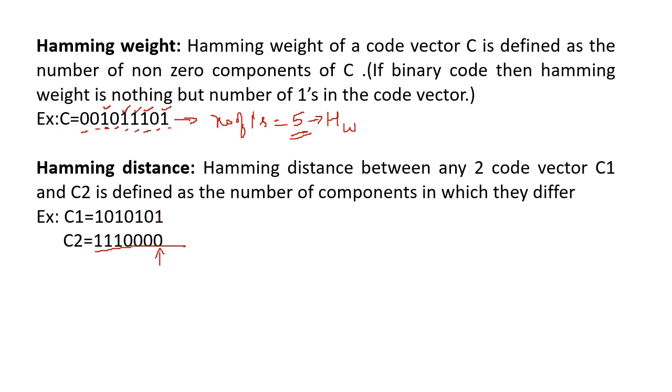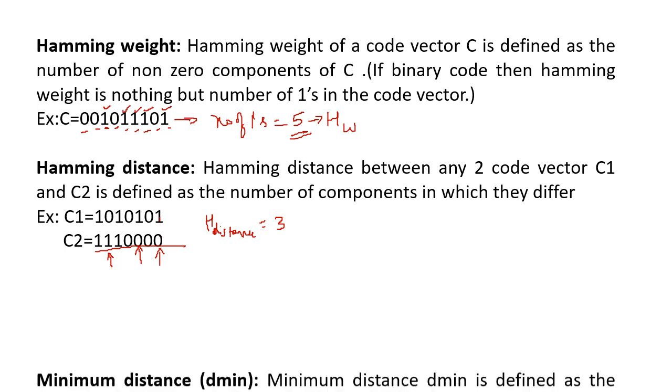The next, 0 and 0, does not differ. The third bit, 1 and 0, differs. The next bit is 0 and 0, no difference. 1 and 1, no difference. Then 0 and 1, it differs. So the Hamming distance for these two code vectors is 3, because they differ in 3 bit positions.